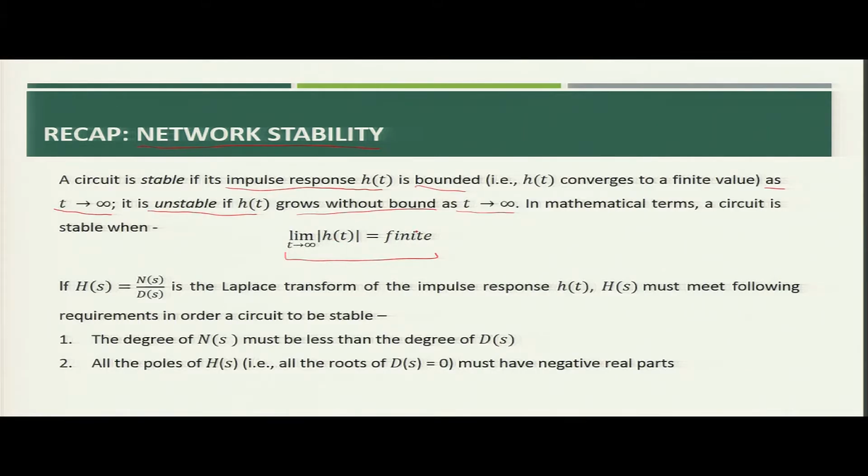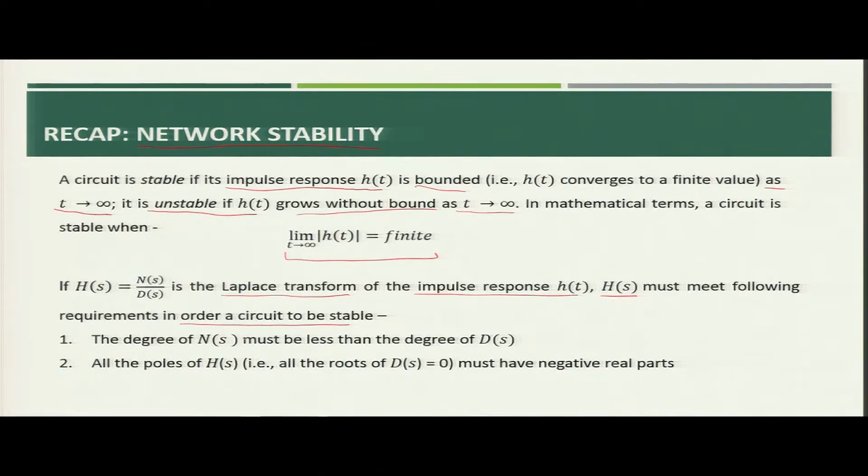Now, if H(s) is the Laplace transform of h(t), we discussed that it can be represented as N(s) by D(s) in the Laplace transform domain. H(s), the Laplace transform of the impulse response h(t), must meet the following requirements in order for the circuit to be stable.